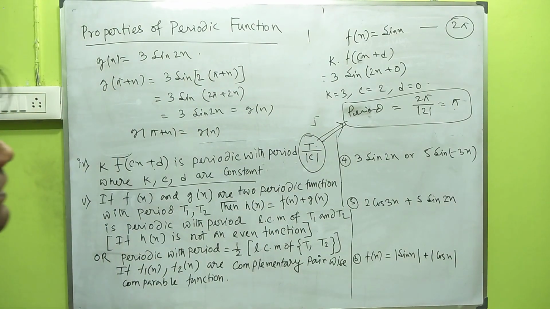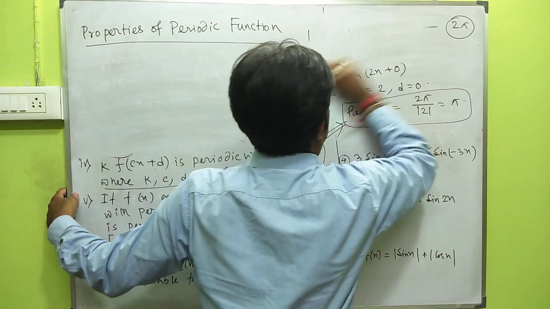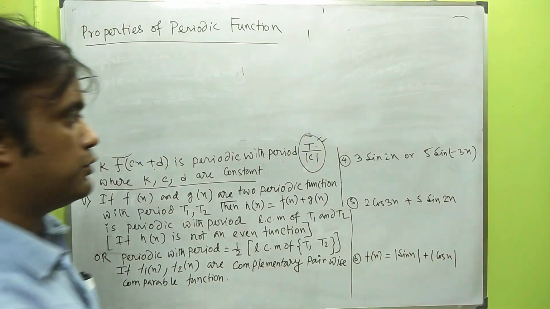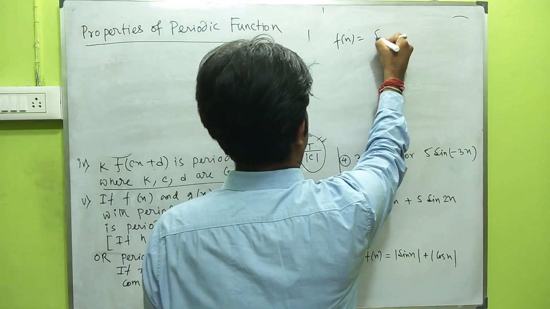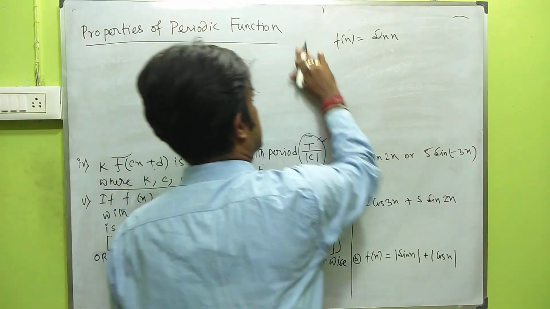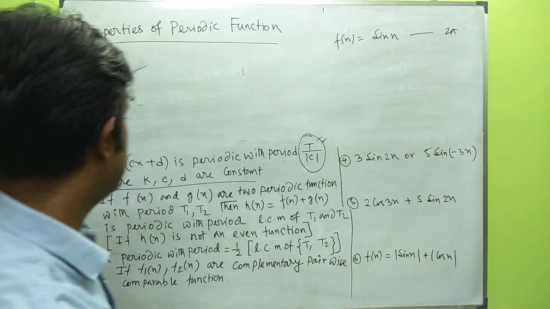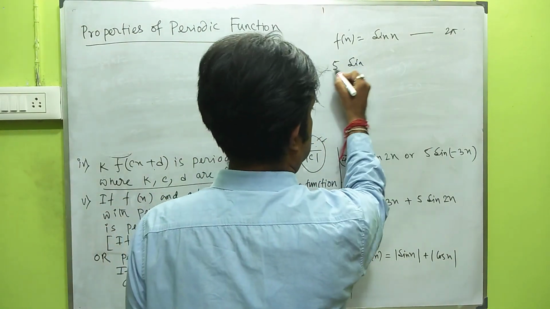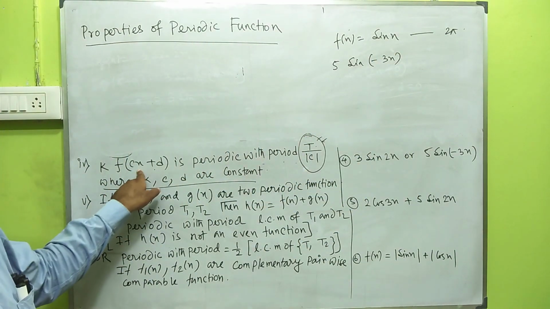So now we do another example. Suppose we know f of x is equal to sin x of period 2 pi. Now compare this with 5 sin of minus 3x. Compare this with this one.